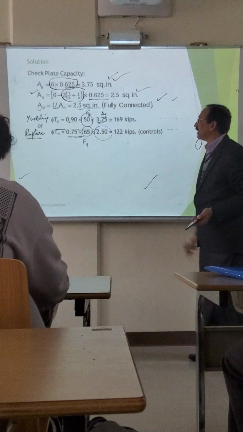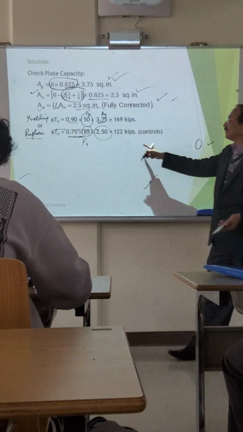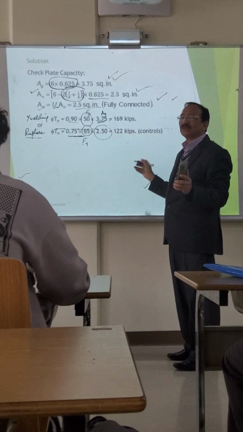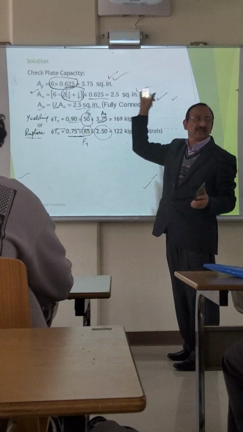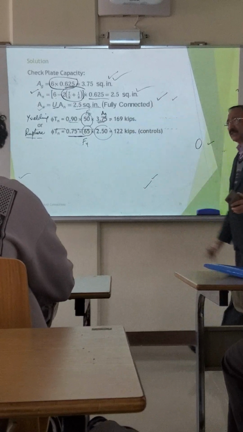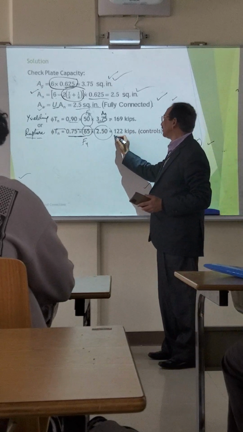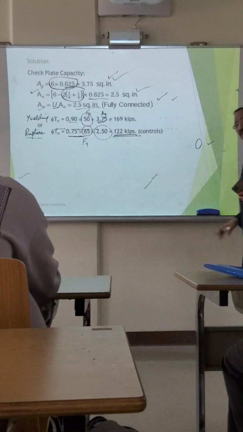So when we substitute these values, we find 169 kips and 122 kips. That means your plate will fail at 122. So for our connection, there is no need to go for more than 122. So we limit our design strength to be 122. This will be the failure of the plate.